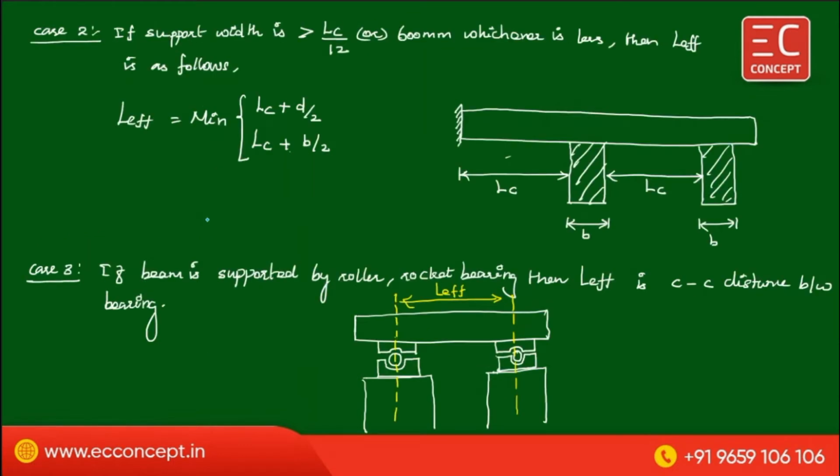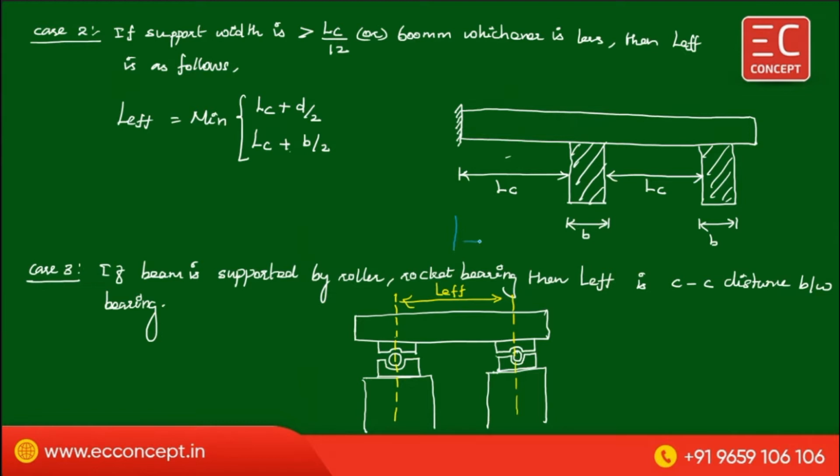Now, suppose the support width is greater than Lc divided by 12 or 600 mm, whichever is less, then L effective is calculated as follows. L effective is the minimum of Lc plus d by 2 and Lc plus B by 2, meaning here we are considering the center to center distance.